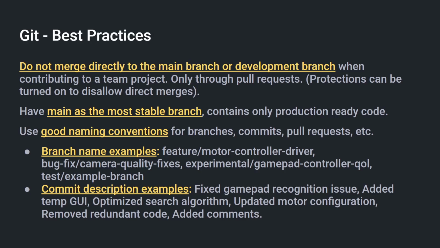So for another example, bugfix/camera-quality-fixes, experimental/gamepad-controller-quality-of-life, test/example-branch. And then some descriptions for commits. Some examples are: fixed gamepad recognition issue, added temporary GUI, optimized search algorithm, updated motor configuration, removed redundant code, added comments. You want it to be short but descriptive of what types of changes you've made.